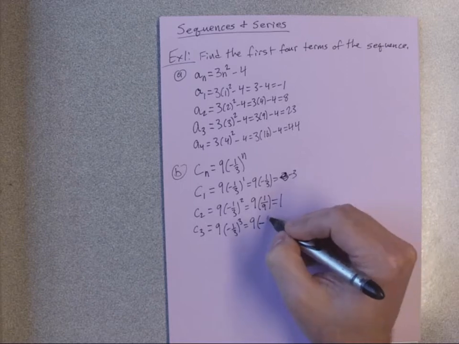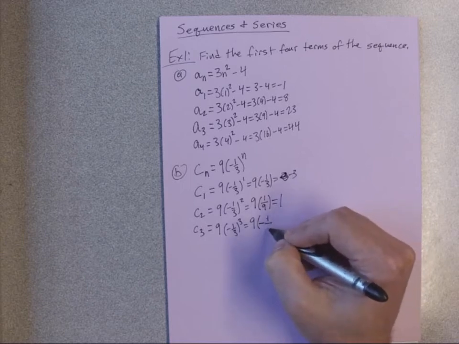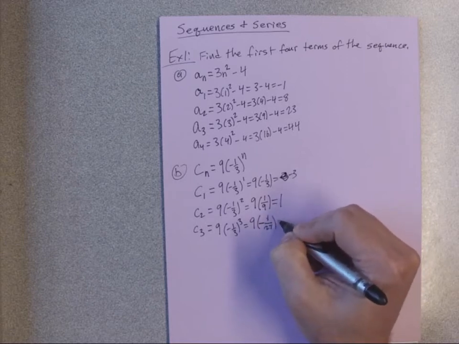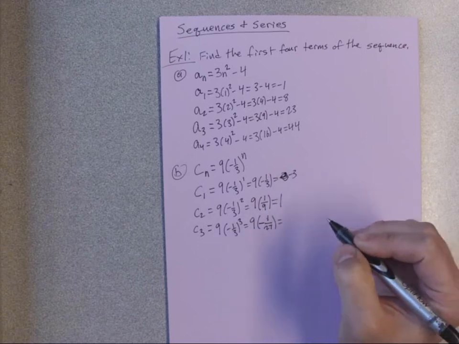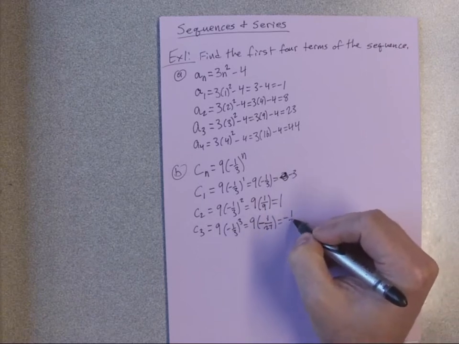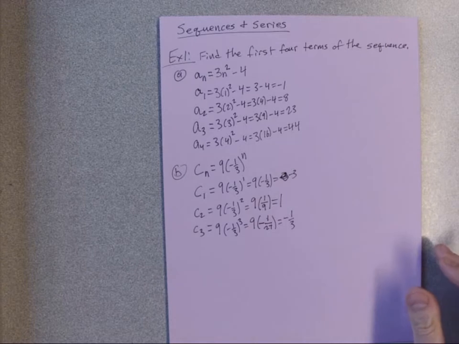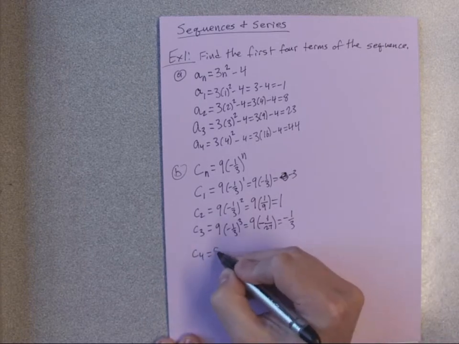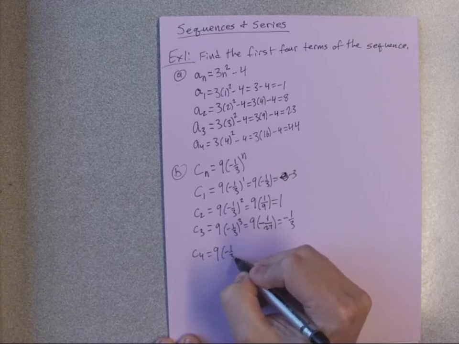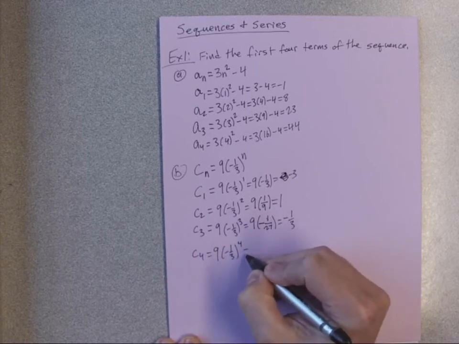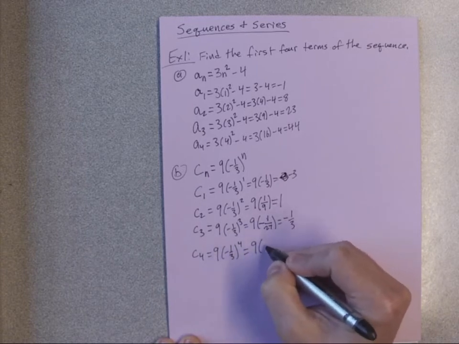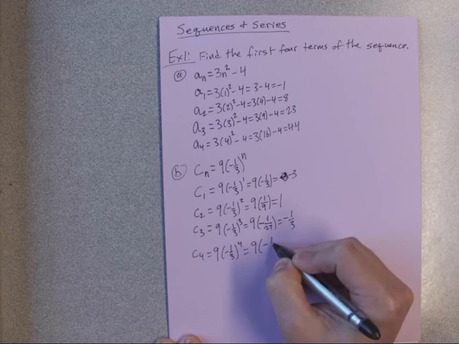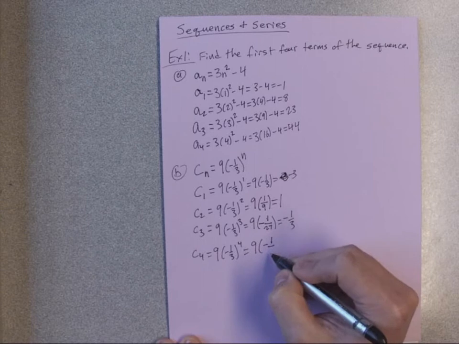And then 1 cubed is 1, 3 cubed is 27, and that's equal to negative 1/3. Last one, C4, 9 times negative 1/3 to the 4th power. That's equal to 9 times negative 1, 1 to the 4th is 1, divided by 3 to the 4th, which is 81.